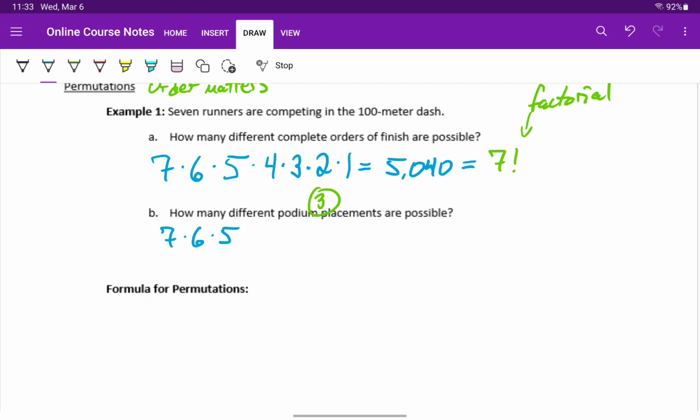Multiplying that together would give us our answer for this problem, but instead what we're going to do is complicate this expression a little bit to start driving our way towards a formula for permutations. What we're going to do first is make this answer look a little bit more like our answer in part A. So what we didn't have there was times 4, times 3, times 2, and times 1.